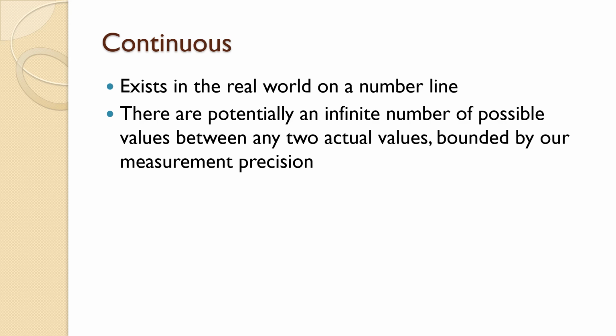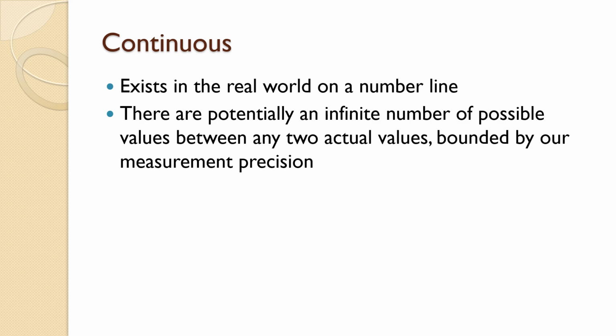Okay, so continuous variables are those variables, and I'm also saying attributes, traits, phenomena, constructs perhaps, whose nature is that they exist in the real world on a number line.